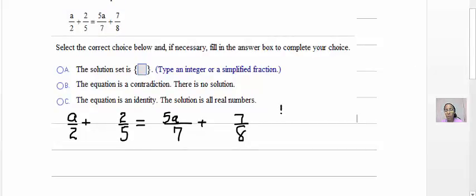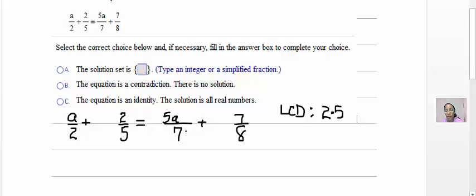So the LCD has to have a factor of 2 in it. Now we go to the next denominator, so I'm just going to go to each denominator. There are no common factors between 2 and 5. So the LCD also has to have a 5 in it.